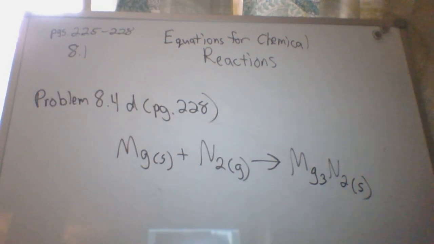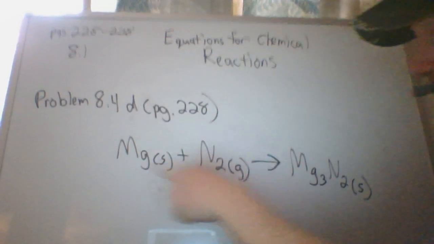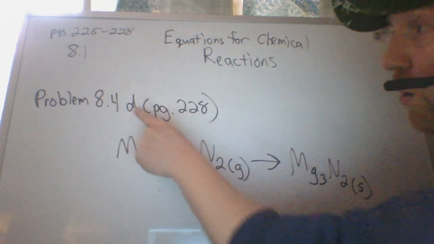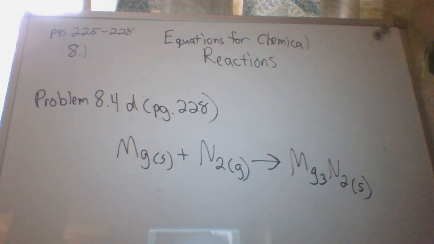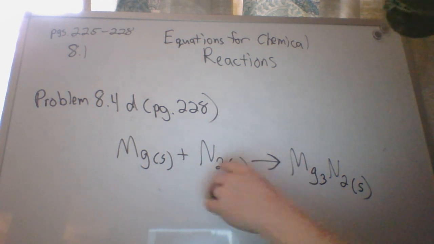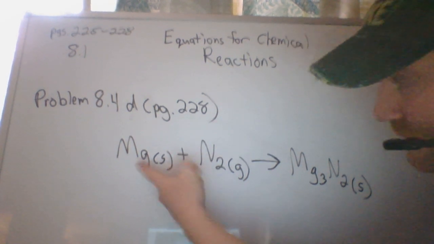Okay, last part of this section 8.1. I have listed problem 8.4D on page 228. This first section wants you to be able to identify if a chemical equation is balanced or not. Let's do this really quickly. We have solid magnesium. We know that it's solid and it's Mg.